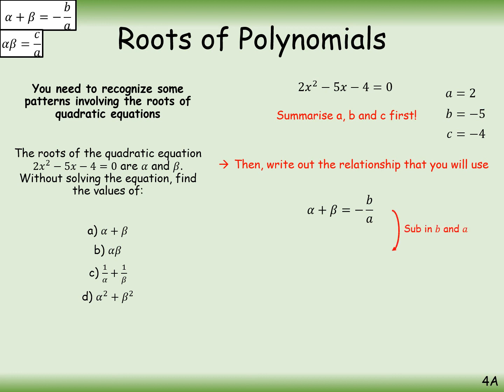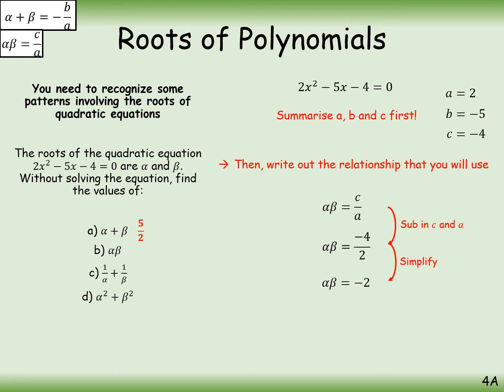If you substitute in a and b, we see that alpha plus beta is minus minus 5 over 2, which when we simplify, we get alpha plus beta equal to 5 over 2. Now, alpha beta is equal to c over a. If we substitute in a and c, alpha beta is minus 4 over 2. When you simplify, alpha beta equals minus 2.